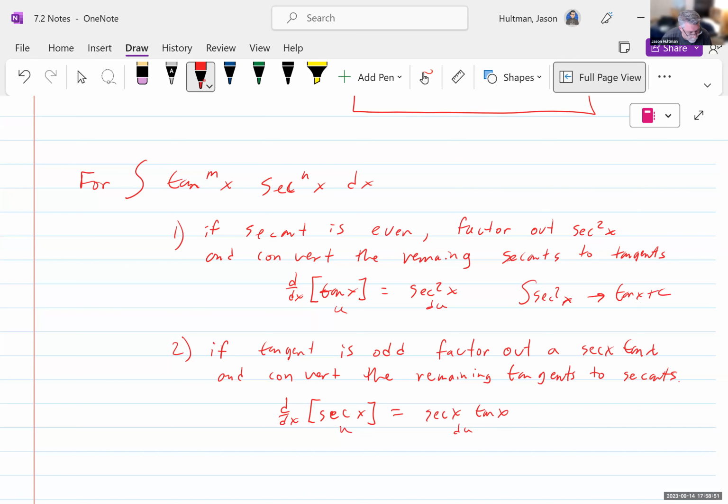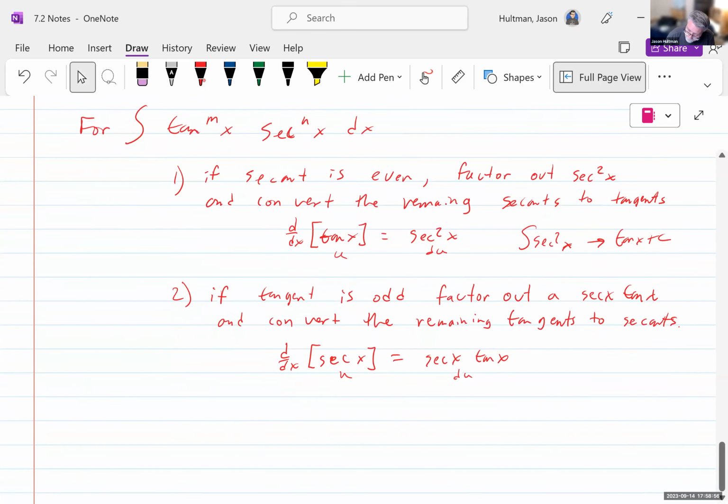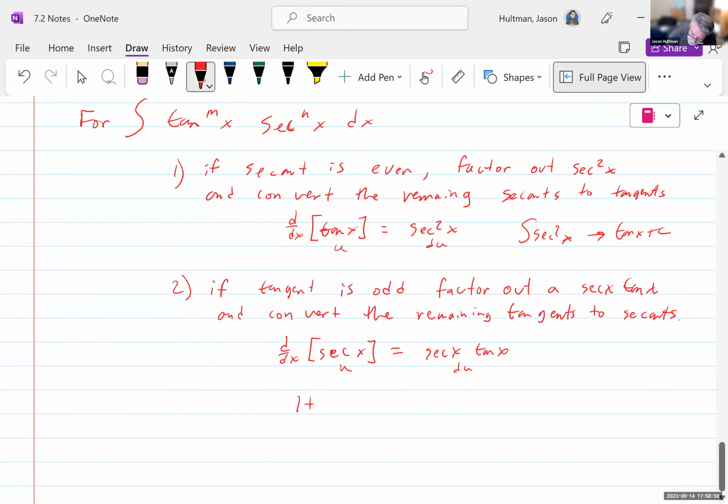Well, I have a very handy formula to do that: 1 plus tangent squared x is equal to secant squared x. So if we have tangent squareds, we can change them into secant squared minus 1. If we have secant squareds, we can change them into tangent squareds, using these formulas.